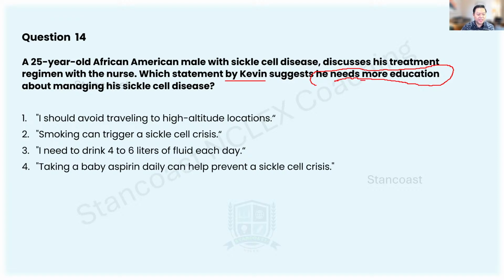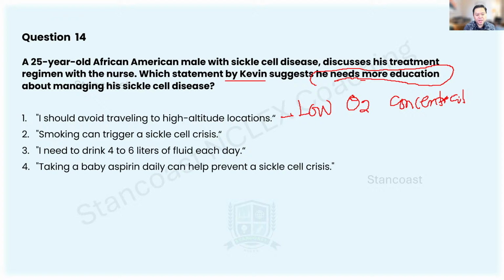Needs more education. If you're not sure, again, use the elimination process. Let's start with number 1. I should avoid traveling to high altitudes. Remember, in high altitudes there is low O2 concentration.